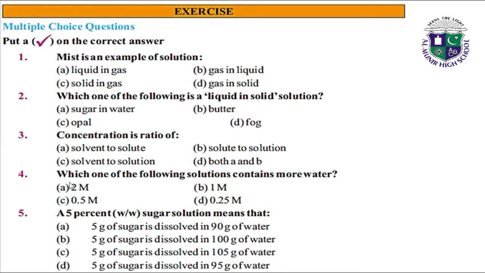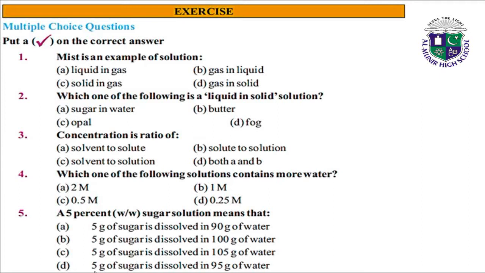Number 4, which one of the following solutions contains more water? Yes, the correct answer is D, 0.25 moles. Number 5, a 5% W over W solution, sugar solution means that.